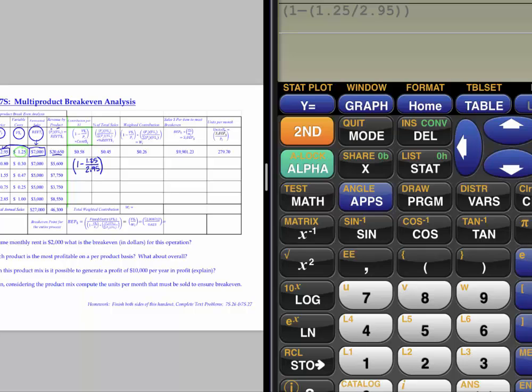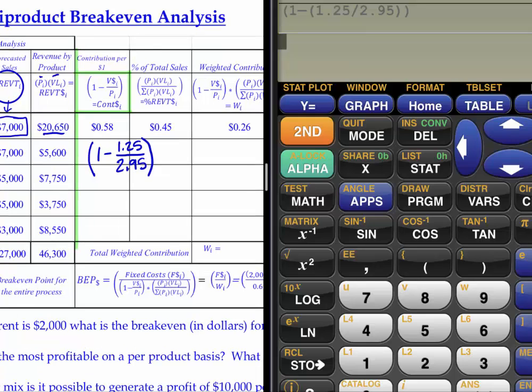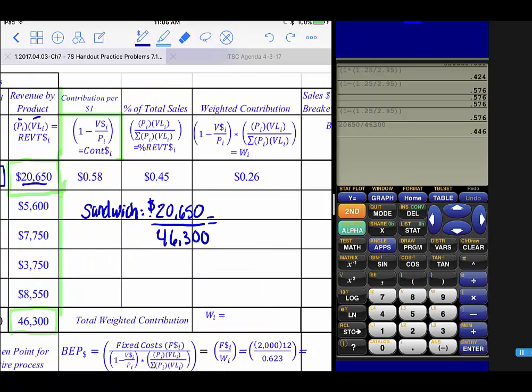That gives us 0.576. When we round it to 2 decimal places, we get 0.58, and you can see that's already right there.